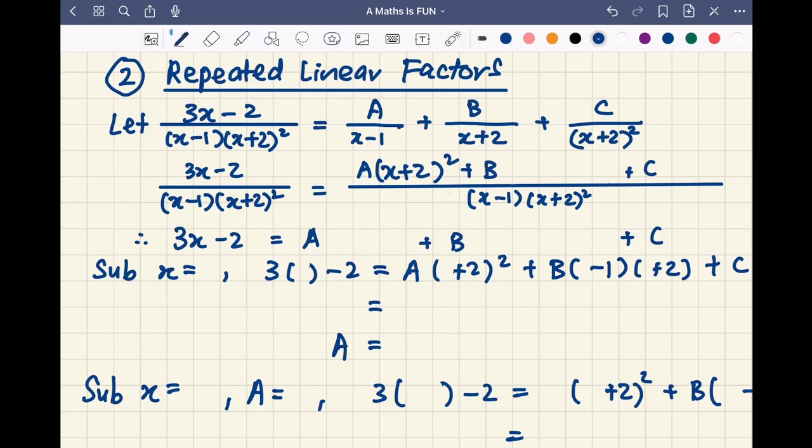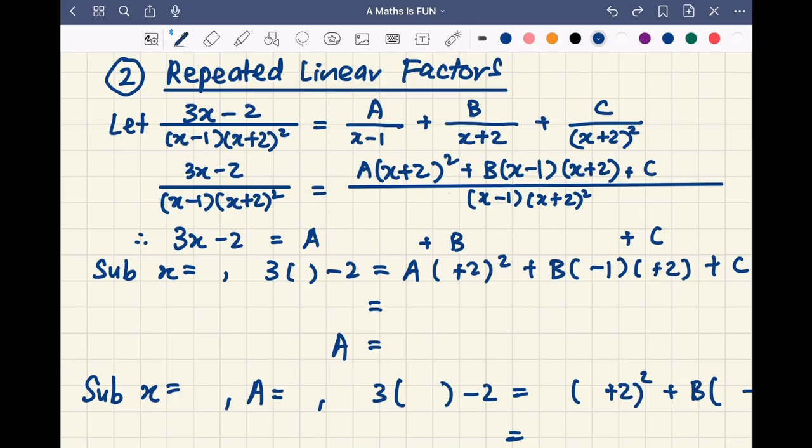For b, you need to consider that the denominator doesn't have x minus 1, so you multiply x minus 1 in the numerator and denominator. And also, although it has x plus 2, the third fraction has a denominator of x plus 2 squared, which is repeated. So you still need to multiply x plus 2 in numerator and denominator for the second fraction.